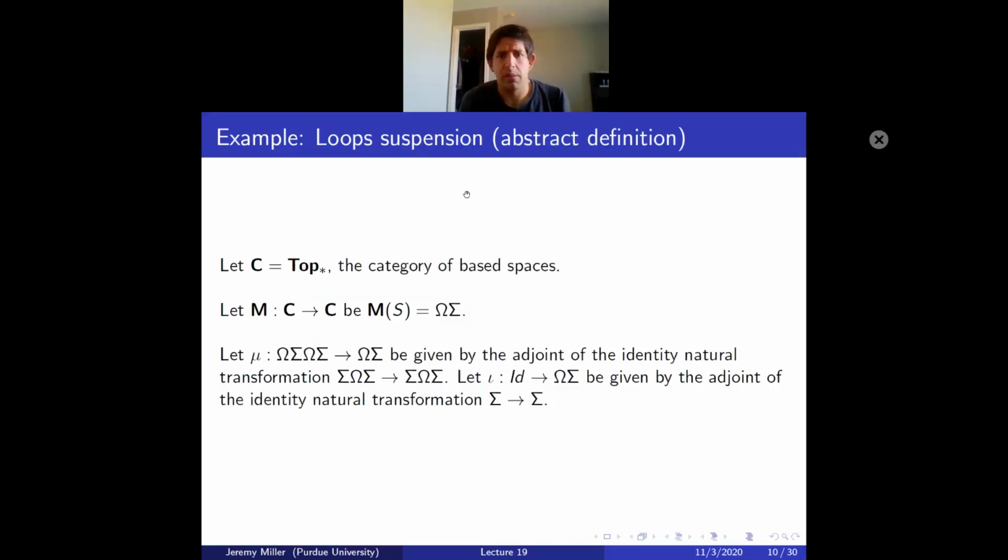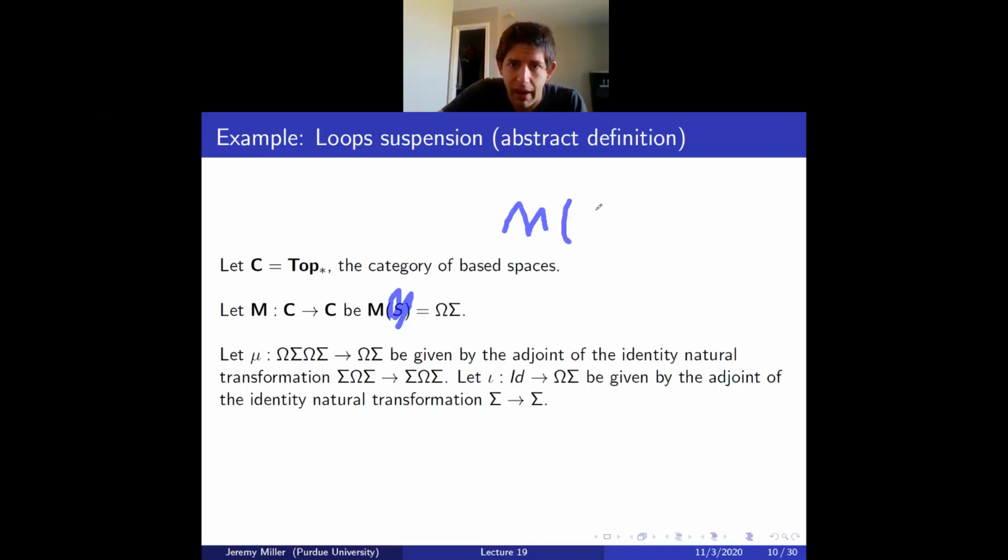Okay, so here's a more topological example. Let C be the category of based topological spaces, and we'll let M be the functor loop suspension.